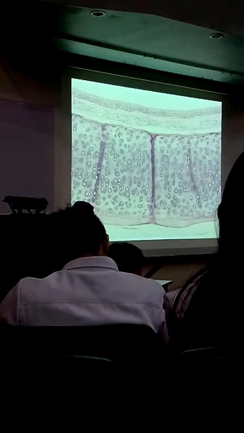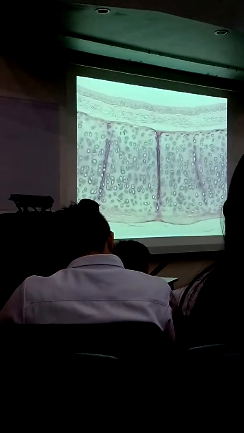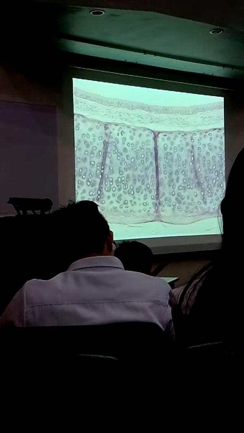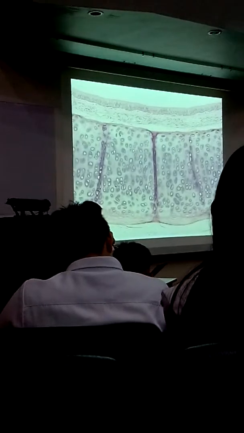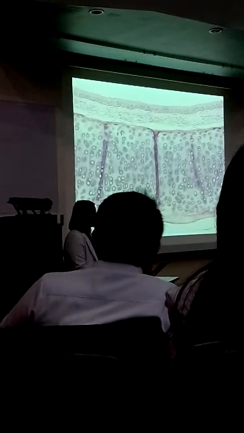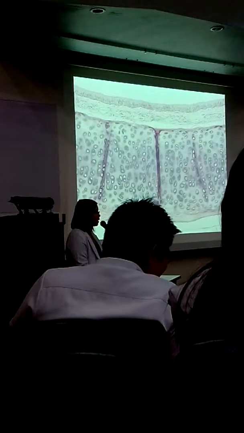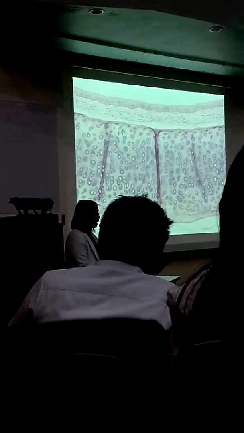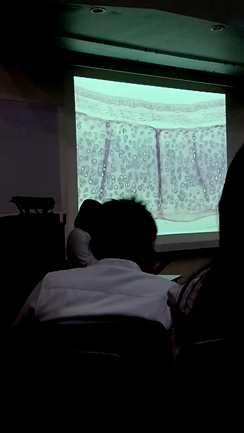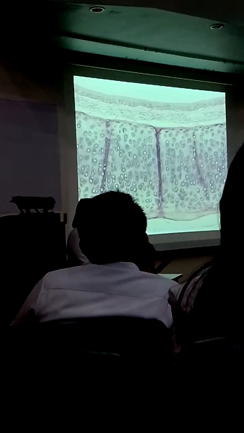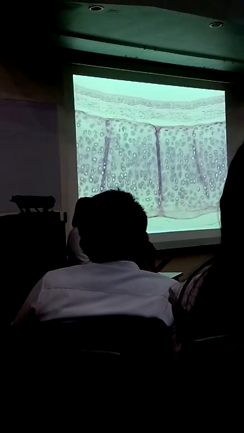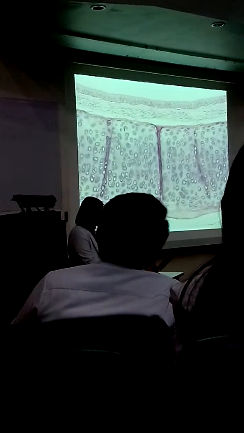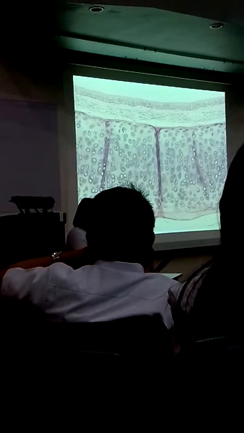Another cell is your mucous cells, which lack the cilia, and what is being produced by the mucous cell? So the mucous cells increase in number during chronic inflammation or chronic irritation to protect the epithelial lining of your respiratory system. Another cells that can be found, the same as that of your respiratory portion of your nasal cavity, your basal as well as your brush cells, and the Purkinje cells.